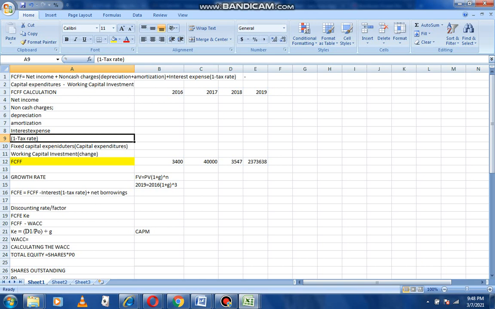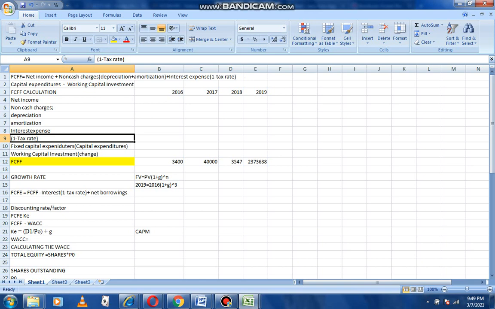So how do we get the growth rate? We say that the future value is equal to the present value times 1 plus g raised to n. When you're getting n, if it's 4 years, that means it's 3 periods. If it's 5 years, that means it's 4 periods.